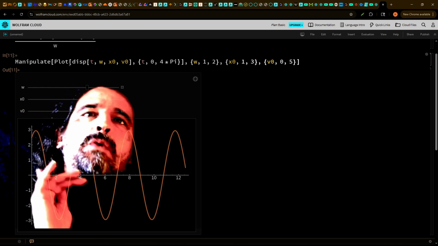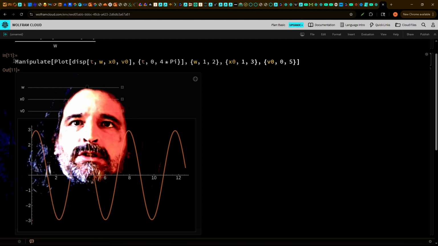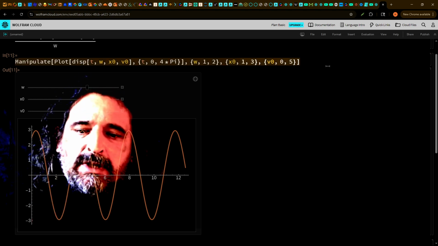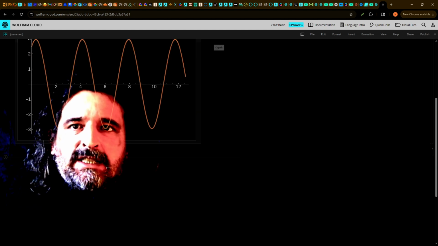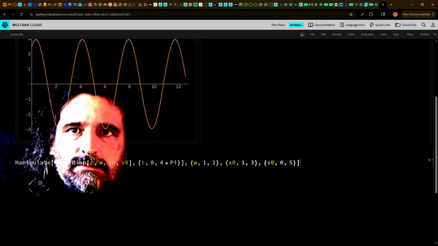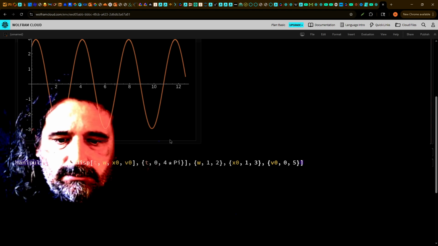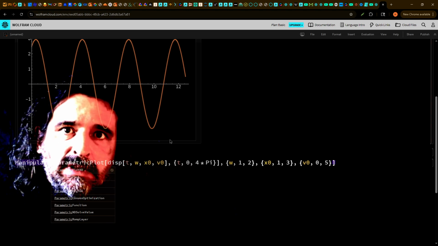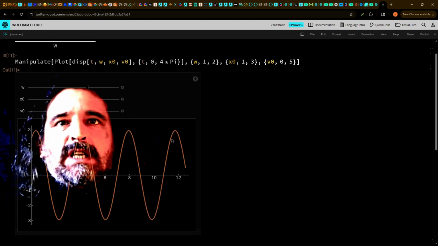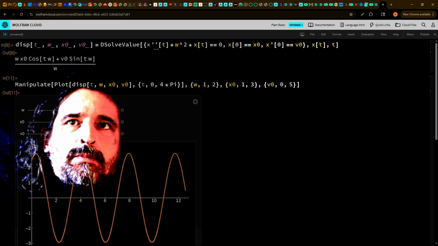Now I don't want to manipulate this plot, that's just the solution. What I want to do is manipulate a parametric plot. I'm going to have to take the derivative of this with respect to t.